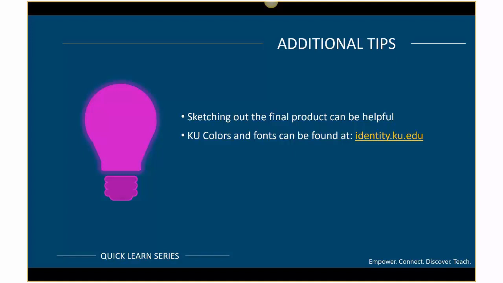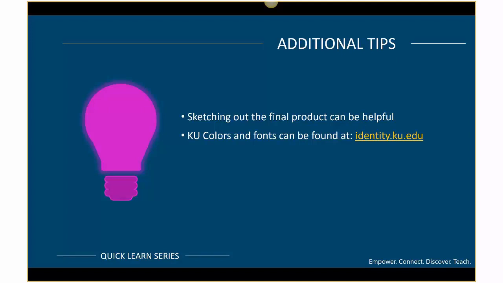So if you're like that too, sketching out your final product can be really helpful. With that, you can start to define where your column and cell splits are going to be before you start designing. It gives you a roadmap of something to go towards.